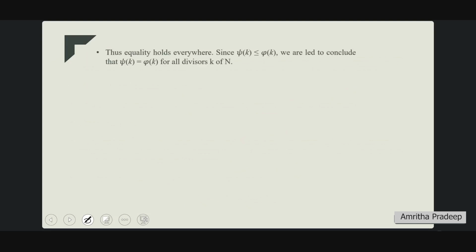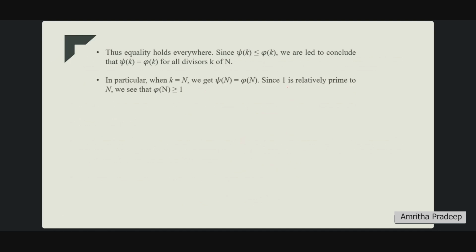We get this finally. Now we have established the equality. Instead of any divisor k of n, we consider k to be equal to n itself, because we know n divides n, right? So we are taking psi of n equal to phi of n. Since 1 is relatively prime to n, we say that phi of n is greater than or equal to 1. From this and this, we can say that psi of n is greater than or equal to 1.